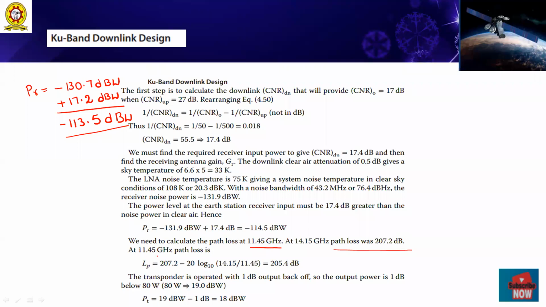Now what is the path loss phenomenon? Path loss equals 207.2 minus 20 log of 14.15 divided by 11.45. So you are getting 205.4 dB.